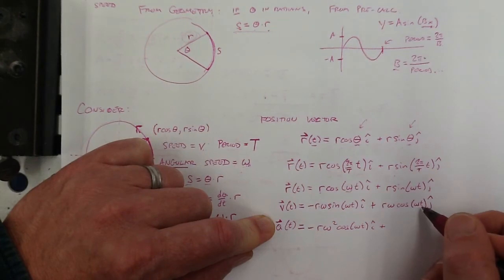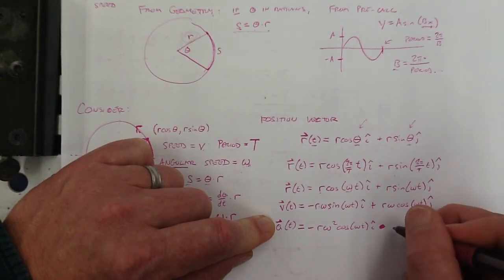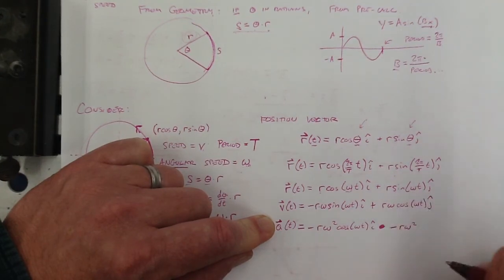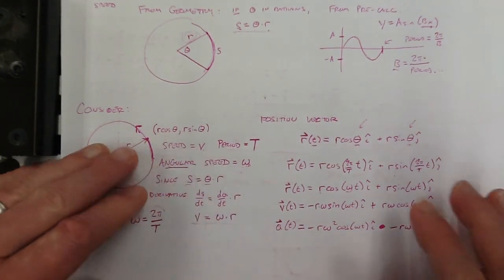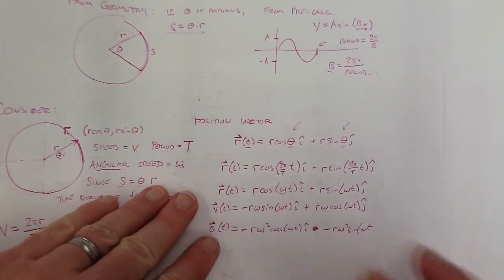Plus, same deal here. Oops, I jumped the gun on that plus, because the derivative of cosine is minus sine. Another omega pops out there. Not sure where the edge of that screen is for you. I'm going to scoot over just a little bit.